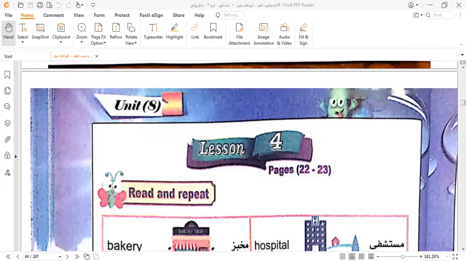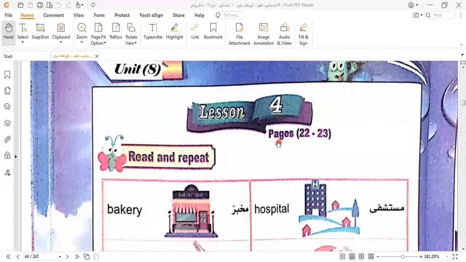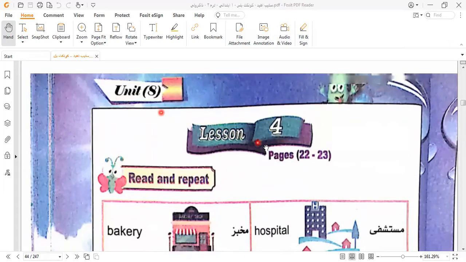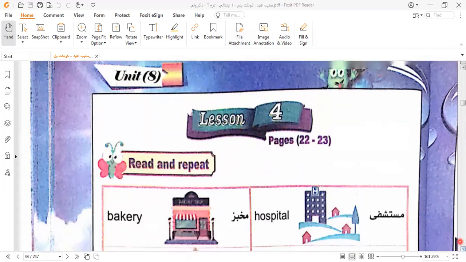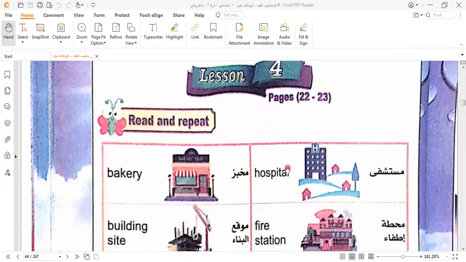We took lessons 1, 2, 3. Today I will start lesson 4 in Unit 8. Let's go to learn more about this lesson.